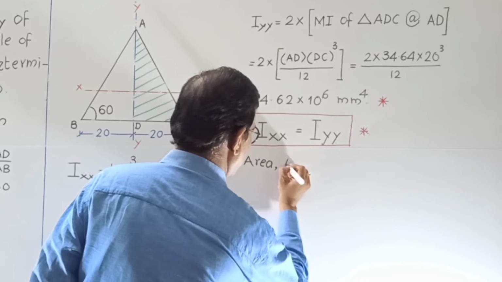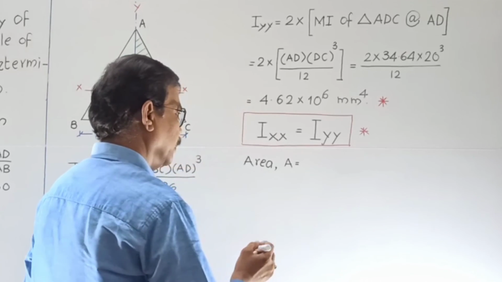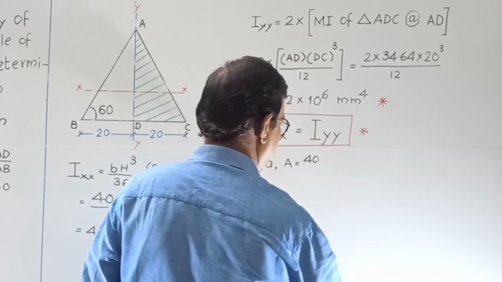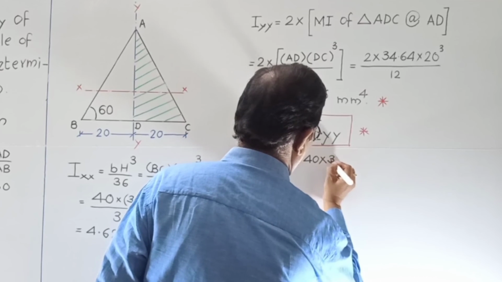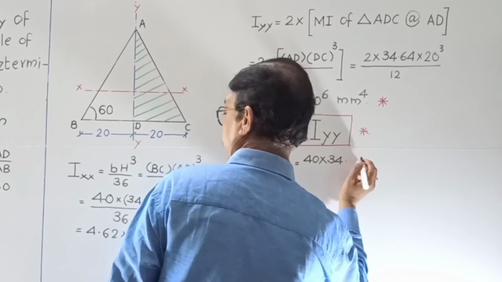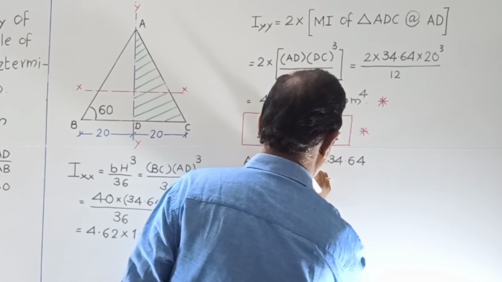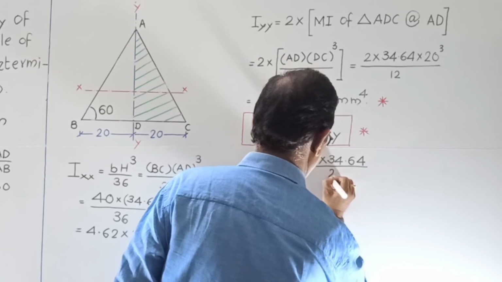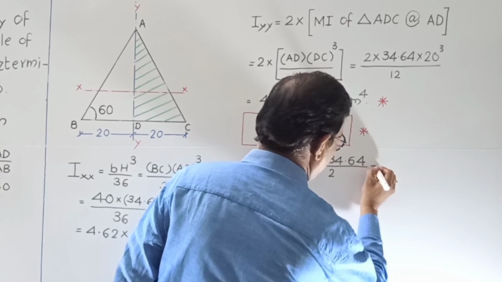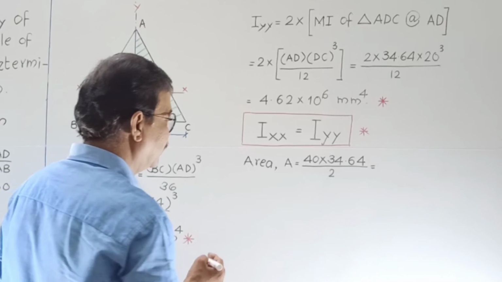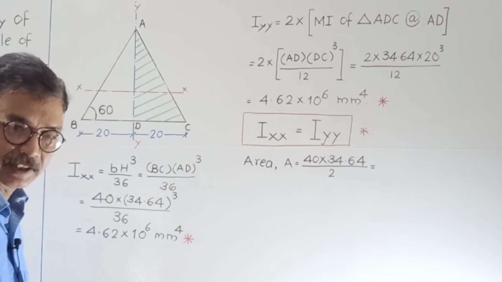A is equal to half into base into height, base is 40, height 34.64, sorry. This is the area. You can very easily calculate this area with the help of a scientific calculator. Then you know that Ixx and Iyy are the same.